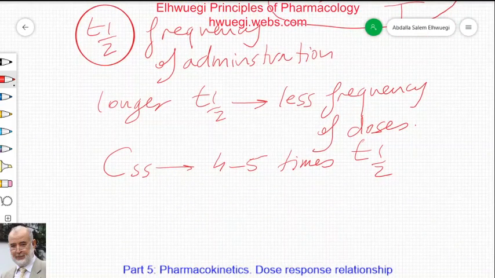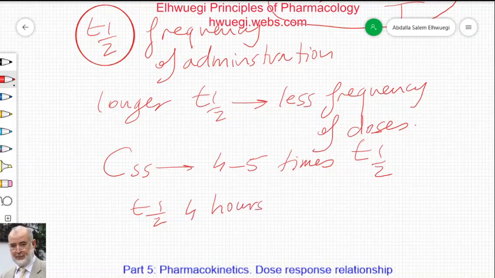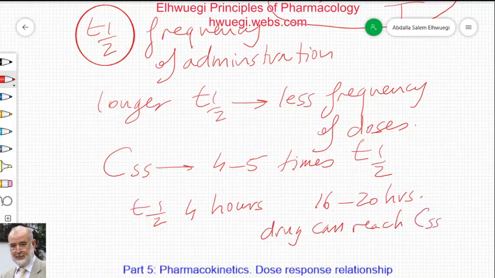For example, suppose the T-half of the drug is 4 hours. In this case, I need from 16 to 20 hours before the drug can reach steady state concentration.